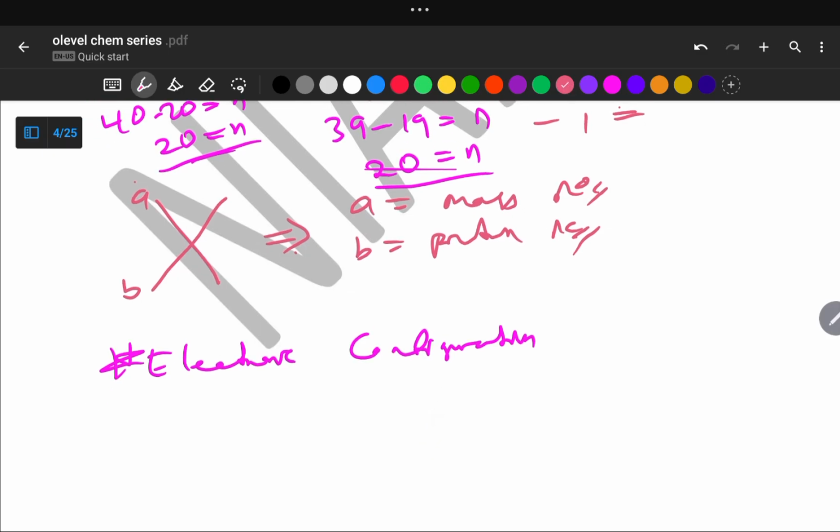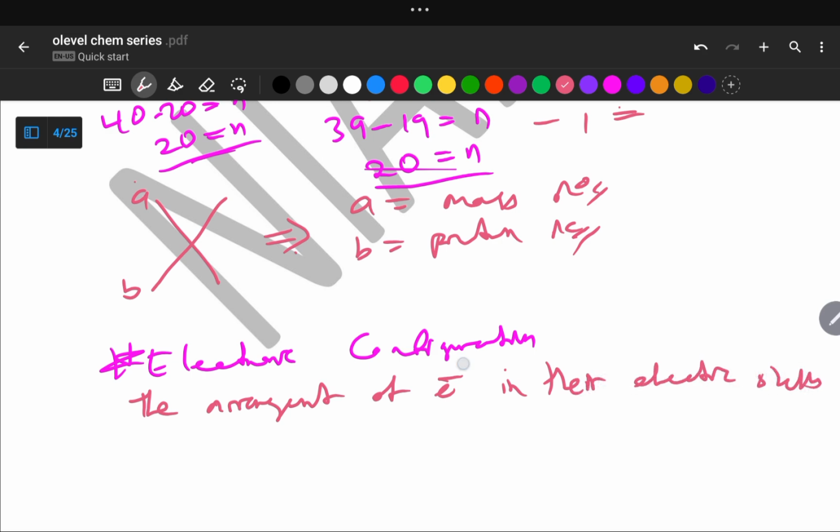So let us write the definition. The arrangement of electrons in their electric shell. So normalize to write electron with this negative sign so that you won't forget that electrons are negatively charged, right?